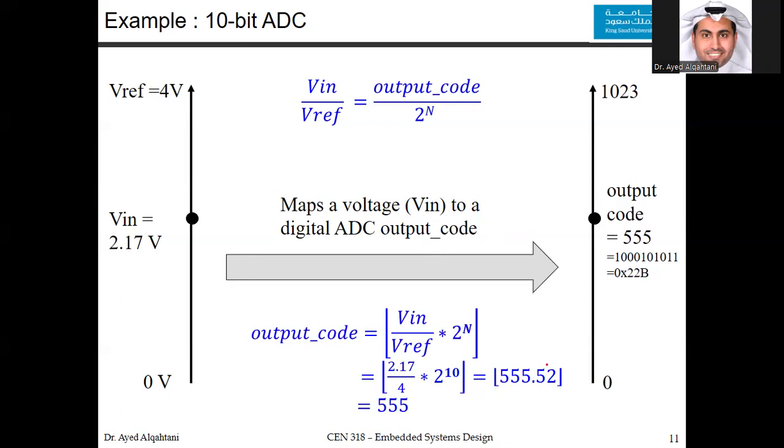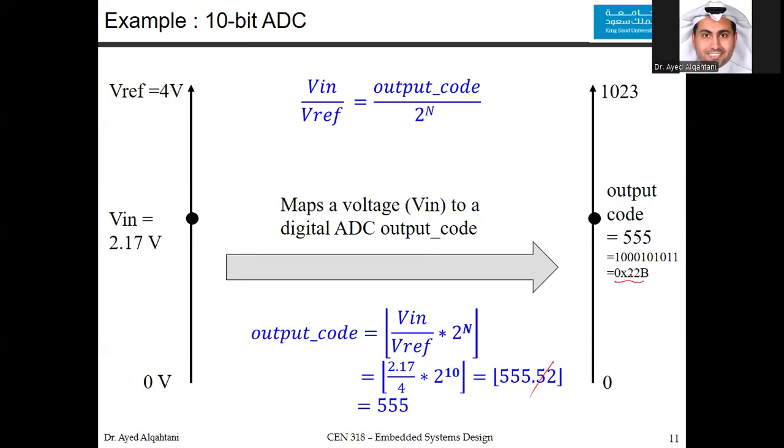Now for this .52, we chose that we will take the floor, we just drop it. So we will end up with 555, and we can find its binary value, or this hexadecimal value.